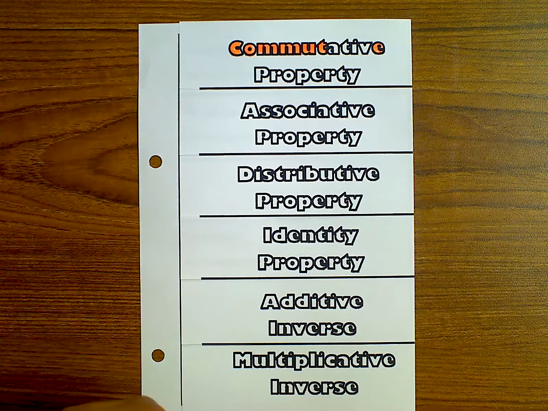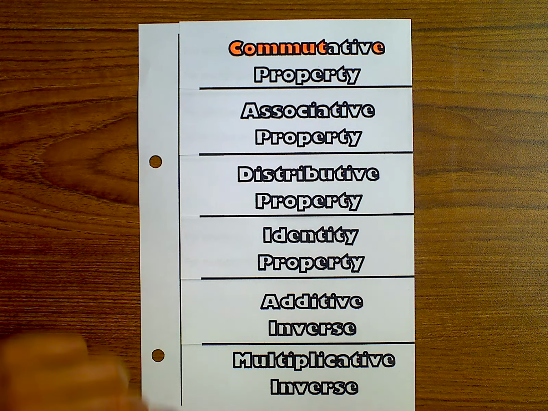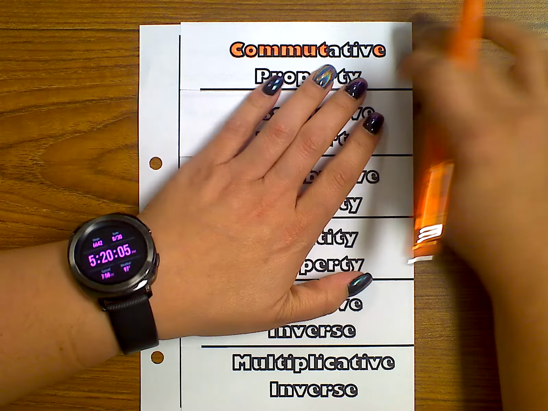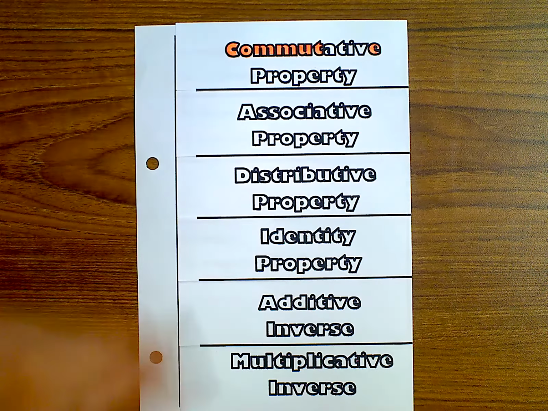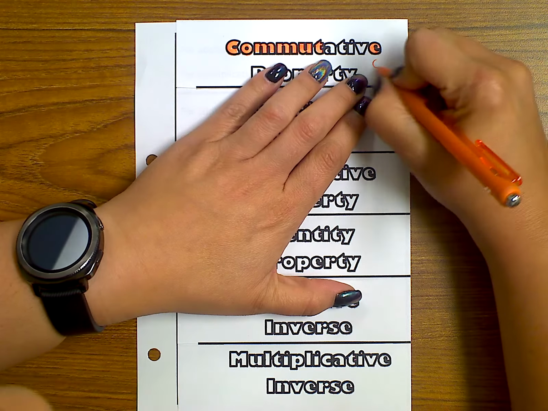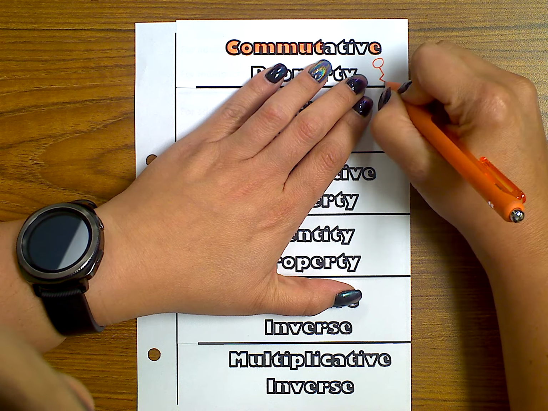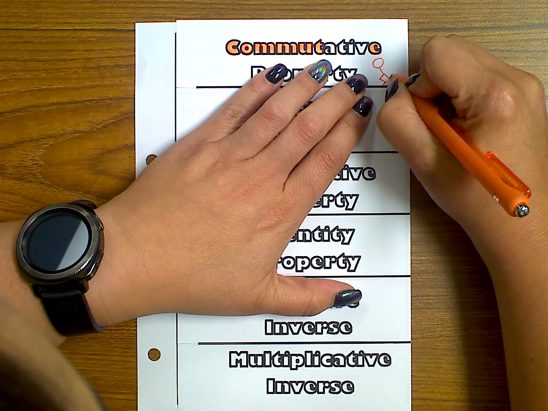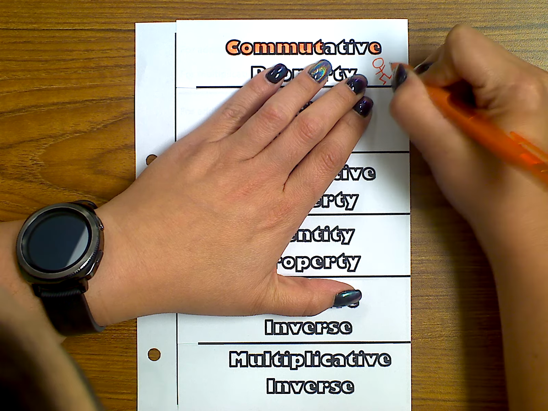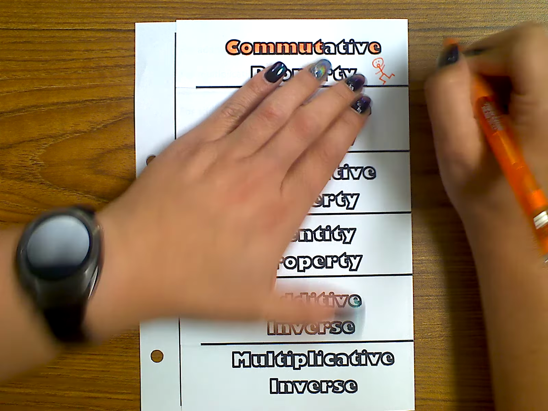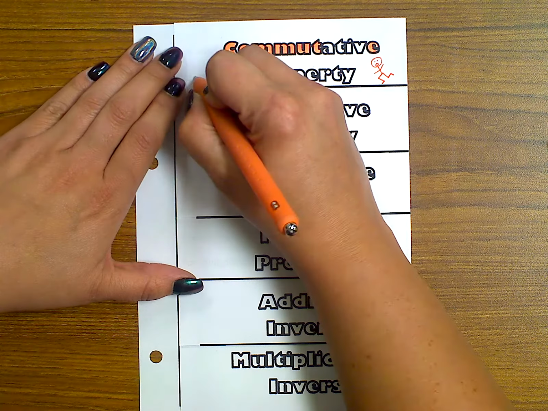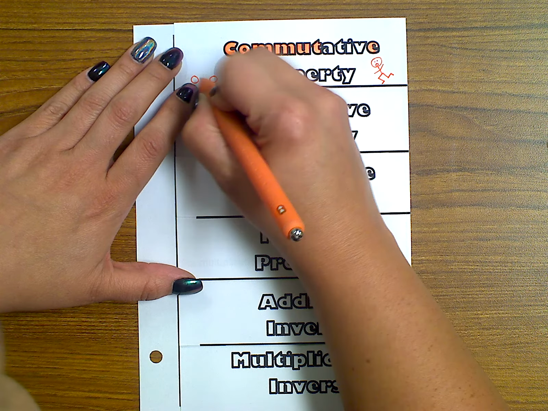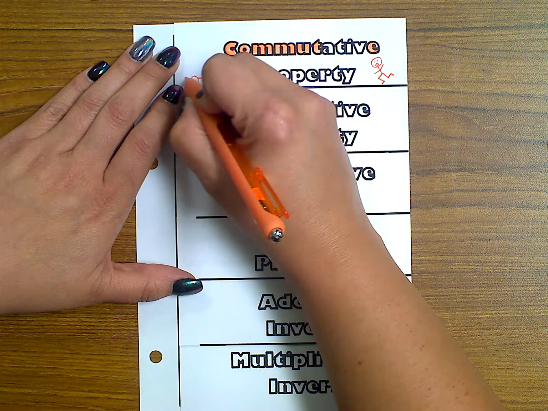We have several ways of commuting to school. Let's say that we're running late from one class to the other, so we can commute by running to class. Or we also talked about commute, like how we get to school every day.